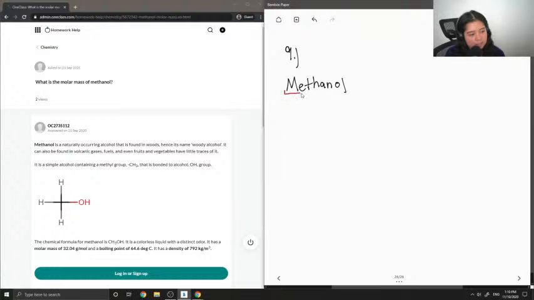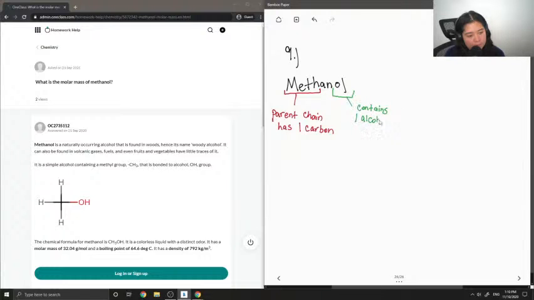It has a prefix of meth, so that means we know that the parent chain is only composed of 1 carbon. And we can also see that methanol ends in -ol, so we also know that it contains 1 alcohol group.